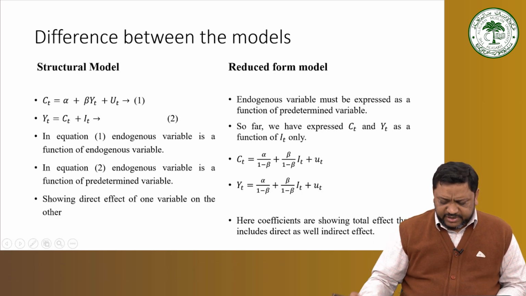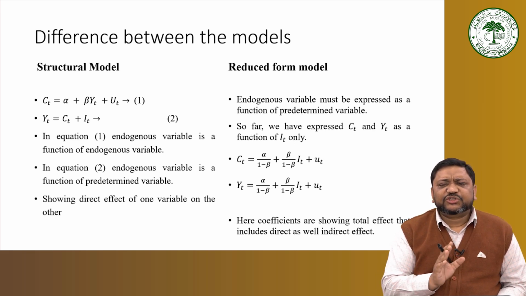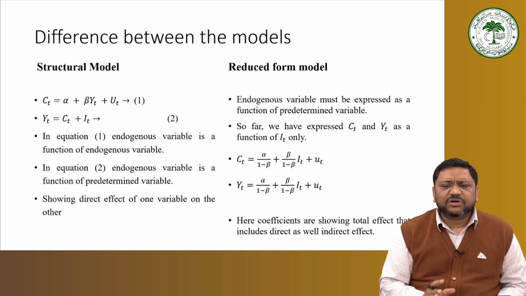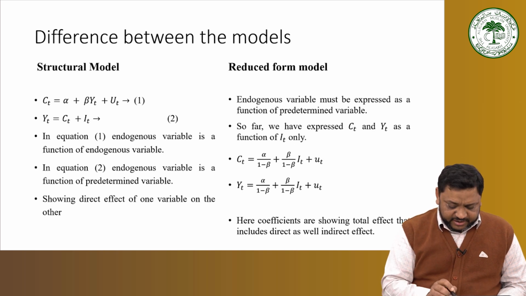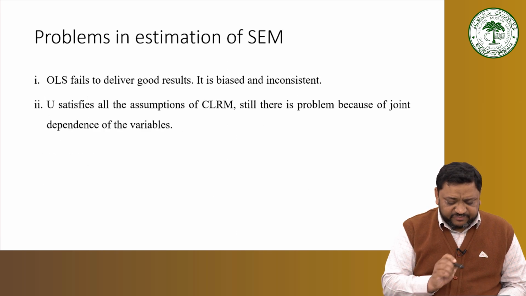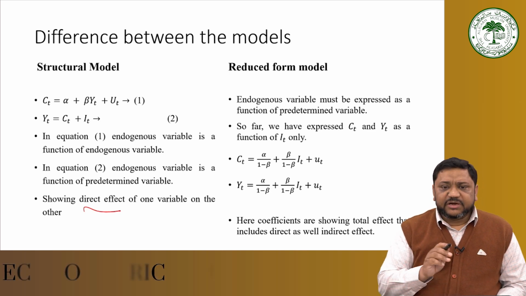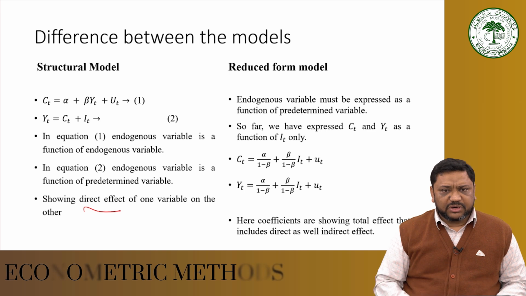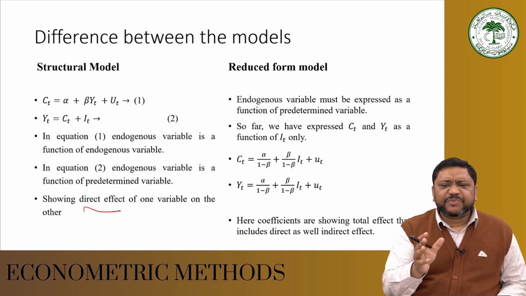Now let us see the difference. Conceptually, the distinction between a structural and reduced form model is that the coefficients of a structural model show only direct effects. We will understand what a direct effect is in a second. Whereas the reduced form model shows the direct and the indirect effect, that is the total effect.